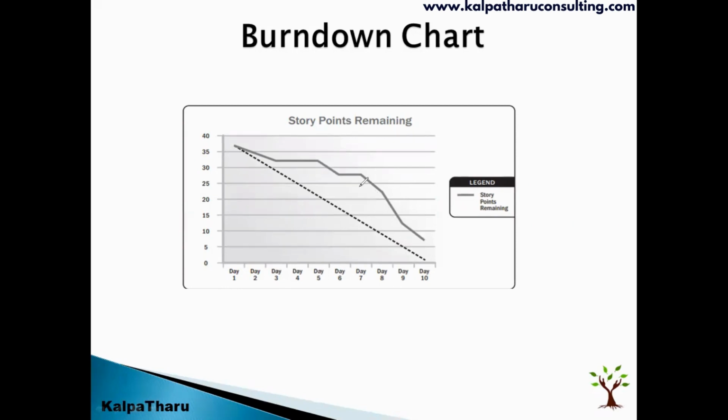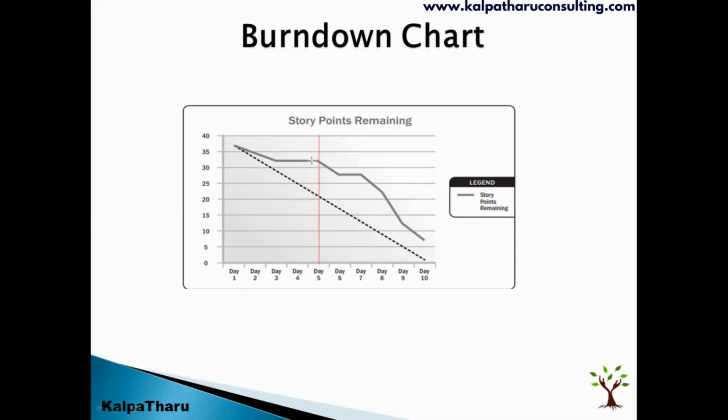Let us take a day, maybe day 5. As per this graph, the remaining work has to be 20 story points. The remaining work in hand is to be 20 story points. But if you notice, we have almost 32 story points. Against a plan to have only 20 story points, you have 35 story points.